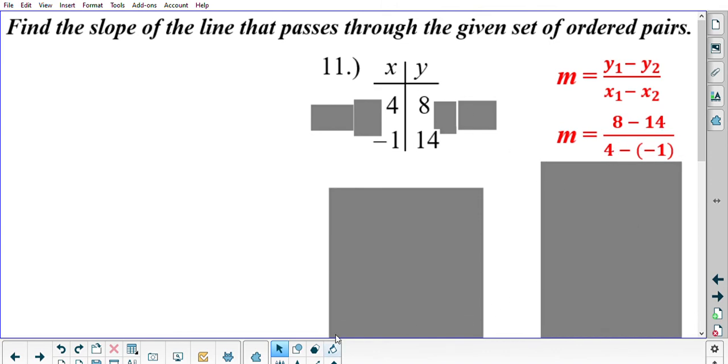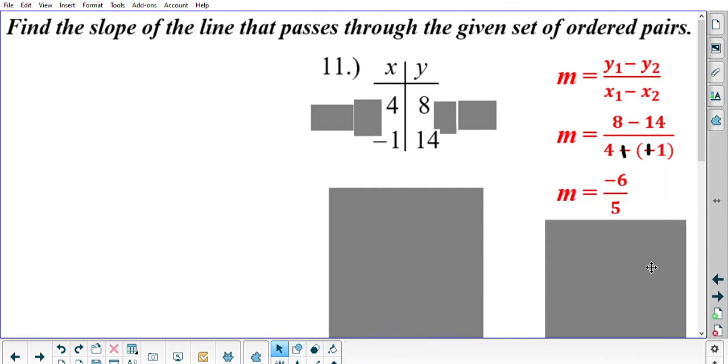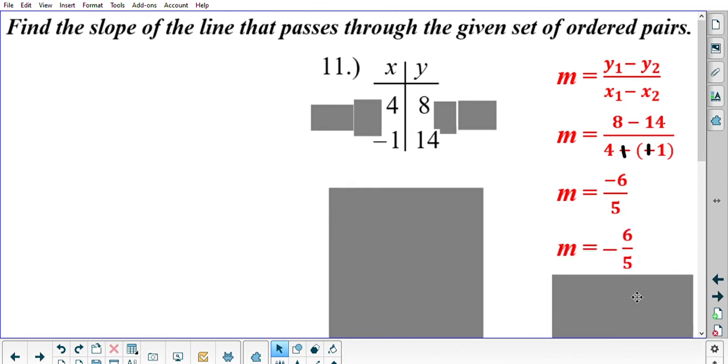You would make subtraction, adding the opposite in the denominator with that 4 minus negative 1. I'll go ahead and do that real quick, adding the opposite. And so that's going to give you negative 6 over 5. That doesn't really reduce, so it just stays negative 6/5.